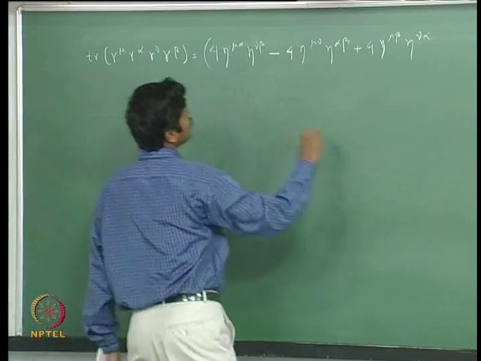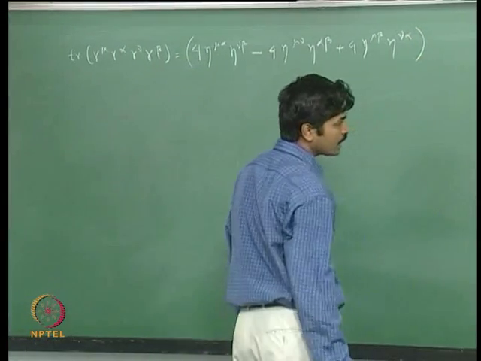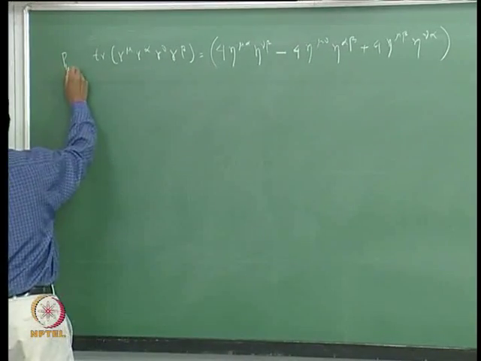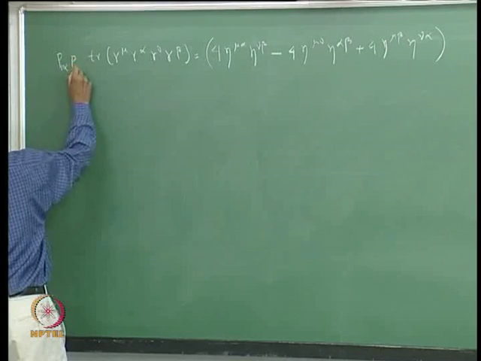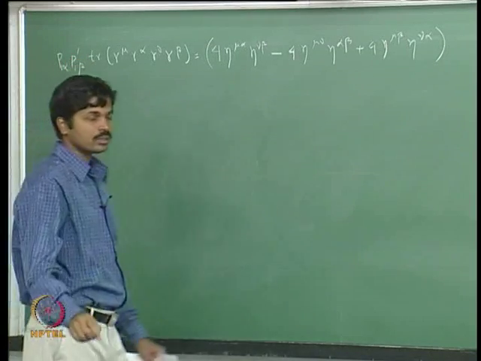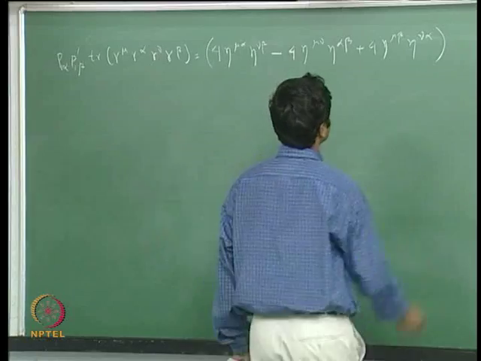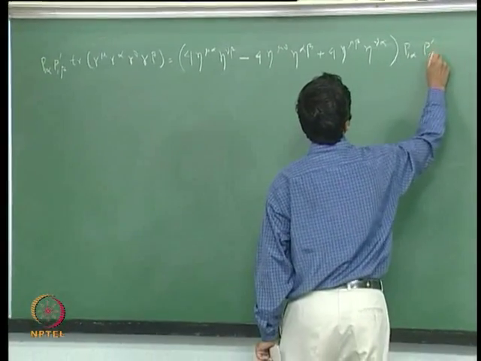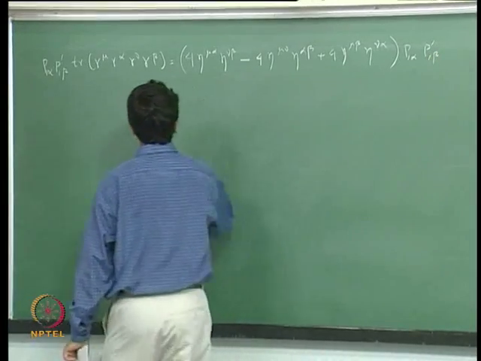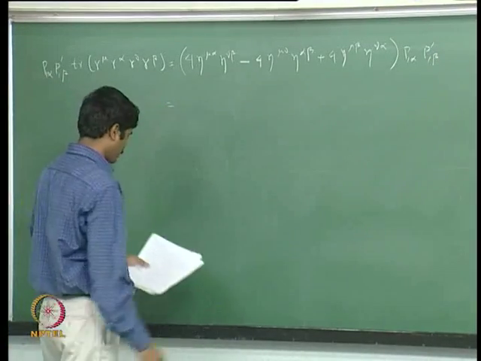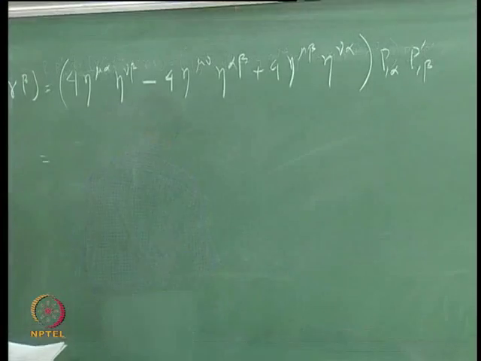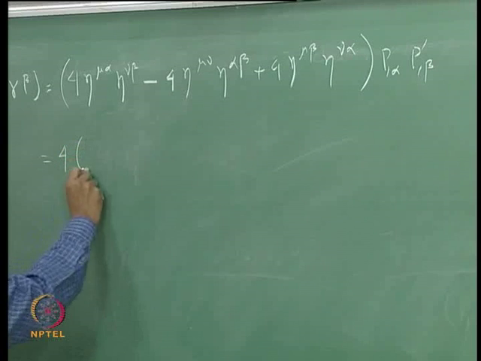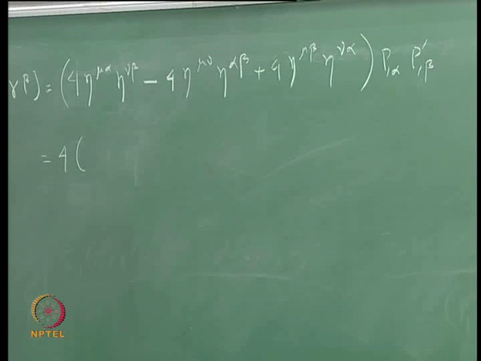Now, what I have to do is consider this and multiply it with P1 alpha, P1 prime beta. That will give me the overall factor of 4, which I will just take out.